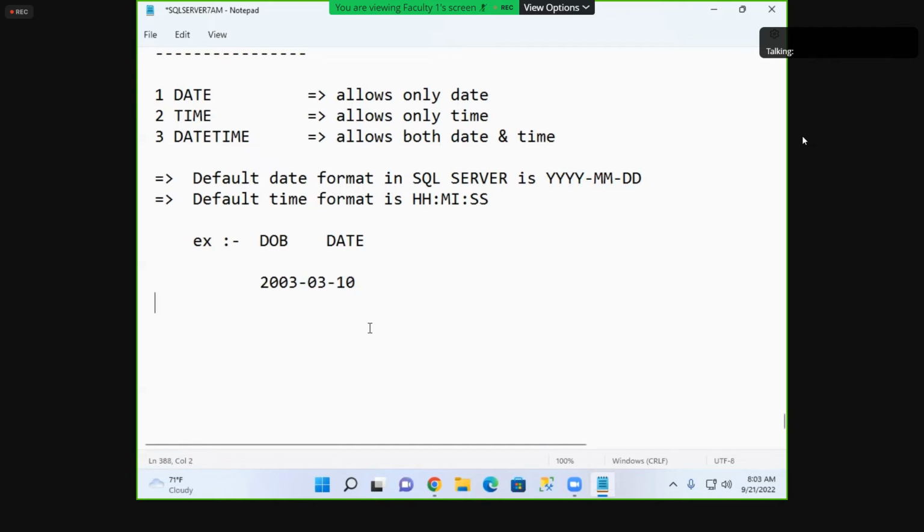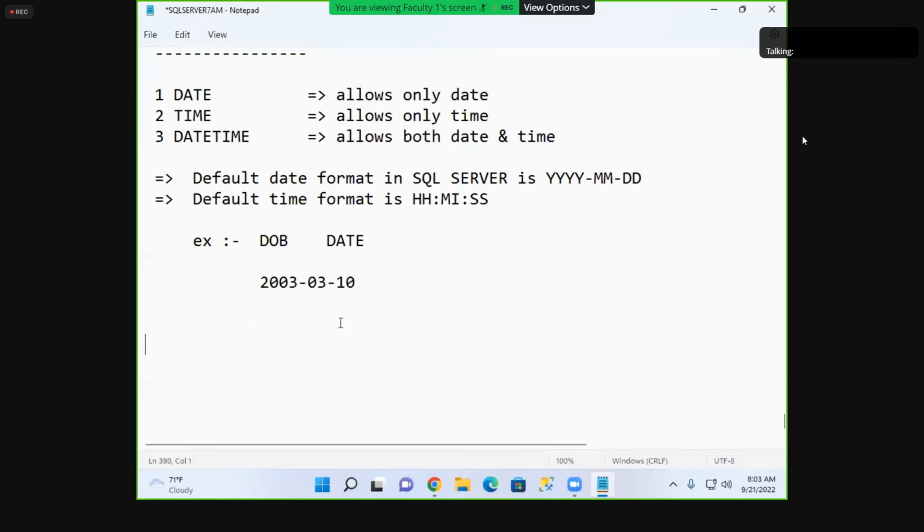Then if you want to enter today's date, it is 2022-09-21.